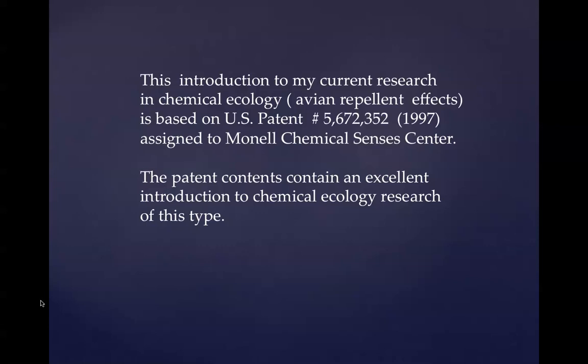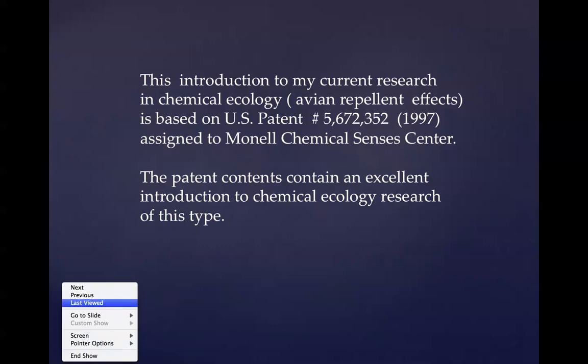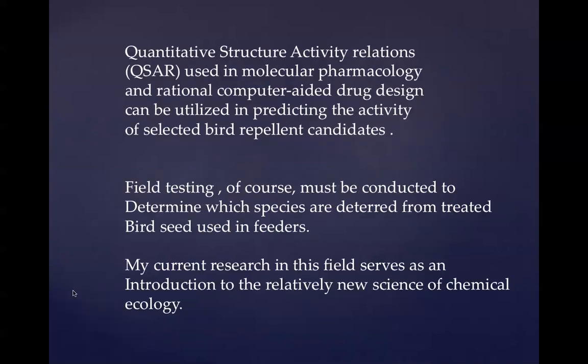There's about 2 years to go on this patent, and the inventors assigned the patent to Monell Chemical Senses Center in Philadelphia, Pennsylvania. The patent contents I strongly recommend as containing an excellent introduction to chemical ecology research of this type. It's an excellent starting point for learning something about chemical ecology, in particular chemical repellents.